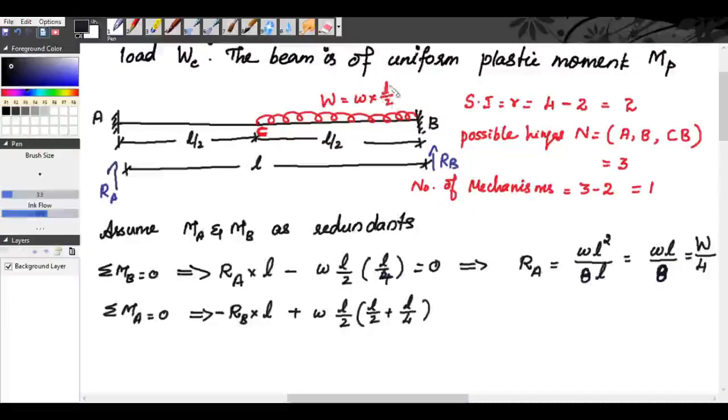So substitute W into L by 2 is equal to W. So now here it is minus RB into L plus W into L by 2 into L by 2 plus L by 4 is equal to 0. We get RB is equal to 7 by 8 WL.